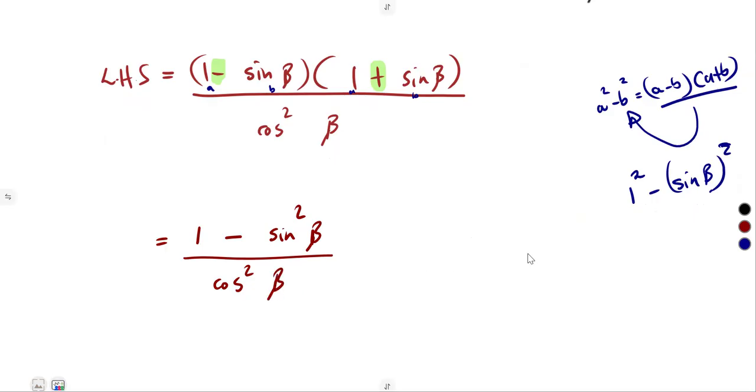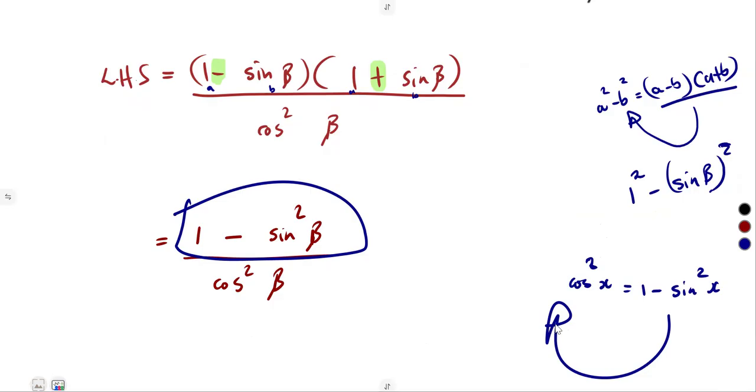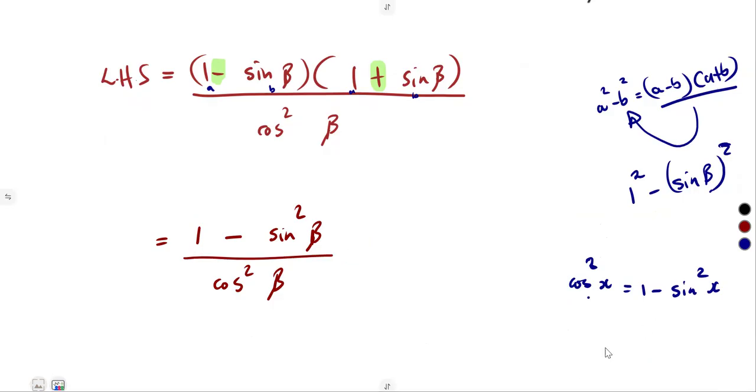In this case, it was up to you to rewrite a cos squared in terms of this, because we know it is the same. Remember, from the Pythagorean identity, we ended up with cos squared of x being equal to 1 minus sine squared of x. So I can rewrite this as a cos squared, or I can write a cos squared as this.